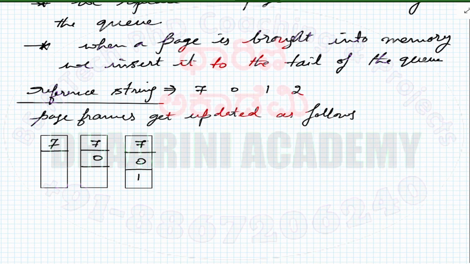So which is the oldest one now? The oldest one is 7. So when I write another frame over here, how does it get replaced? You replace the oldest one first. Which is the oldest one? That is 7. So 2 replaces that. 2, 0, 1.